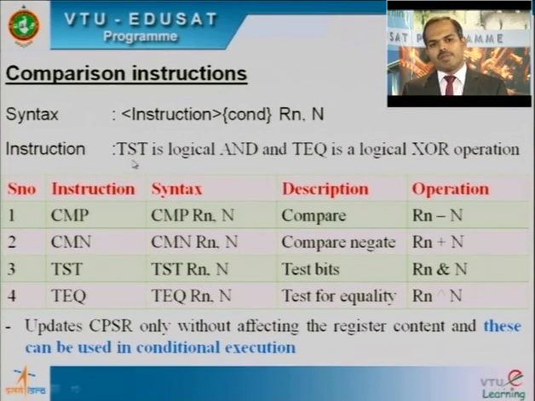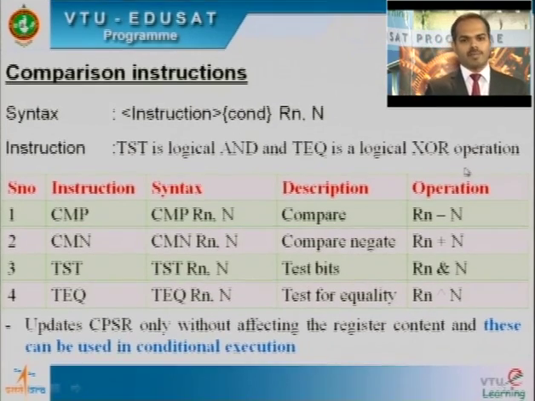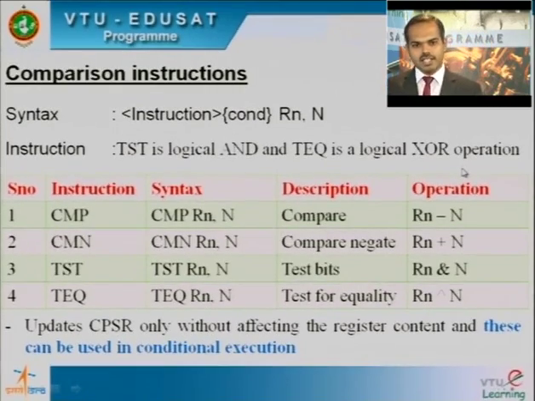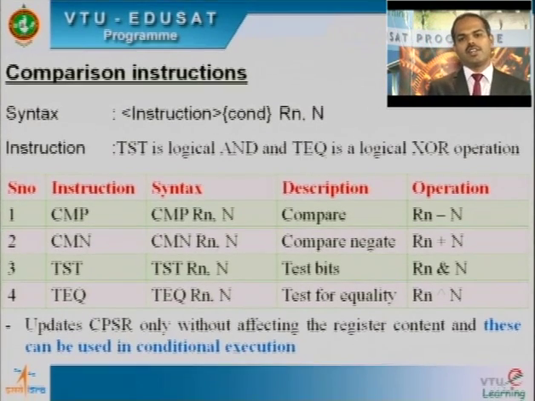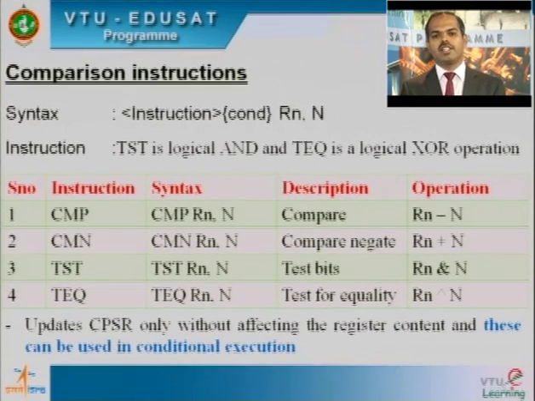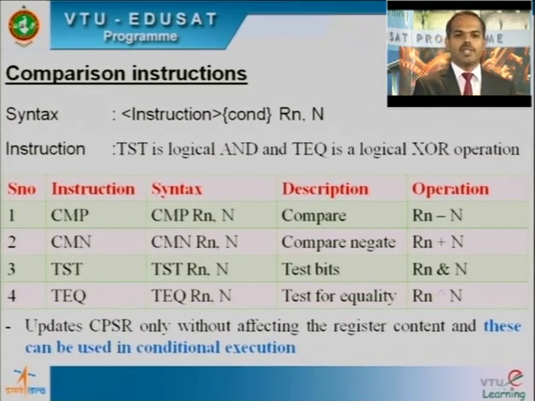Look at one more statement on top. TST is a logical AND operation and TEQ is a logical XOR operation. The only difference between the logical instruction and the comparison instruction is they do not have a resultant or destination register. They just update the result to the CPSR flags.